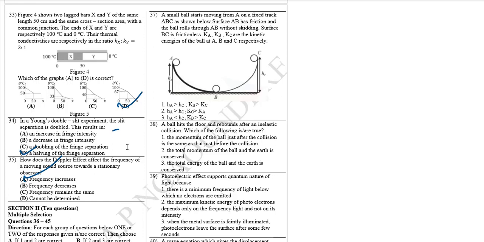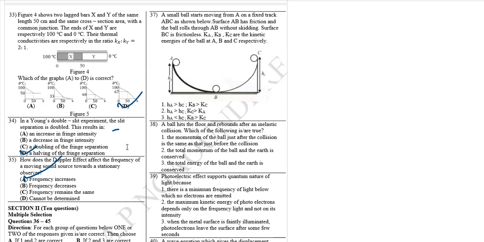HA is greater than HC. 2. KB is greater than KC. 3. KC is greater than KA. Next, HA is less than HC, and KB is greater than KC. It is true from here that the height HC is greater than the height HA.